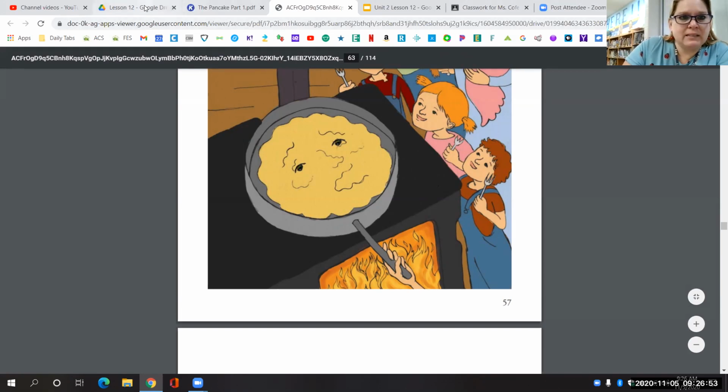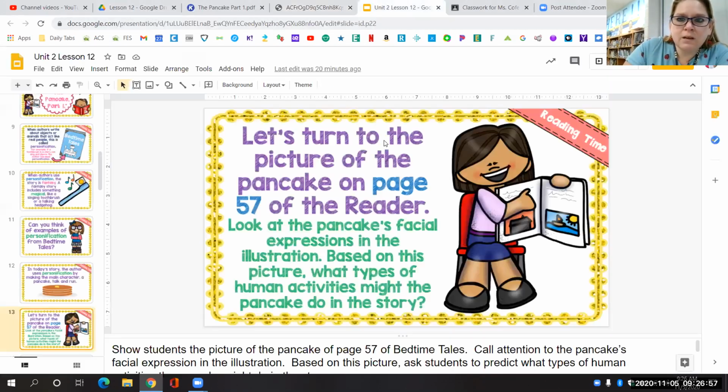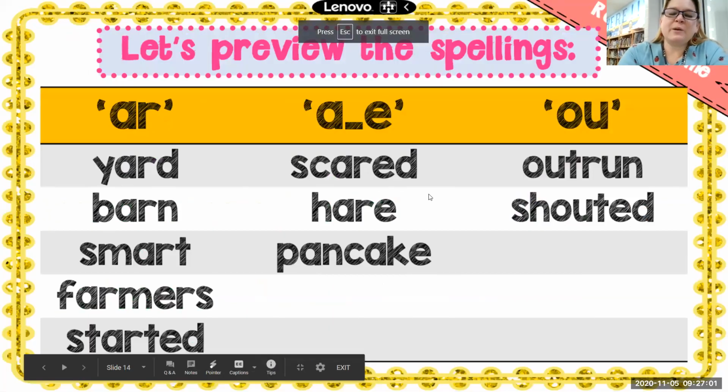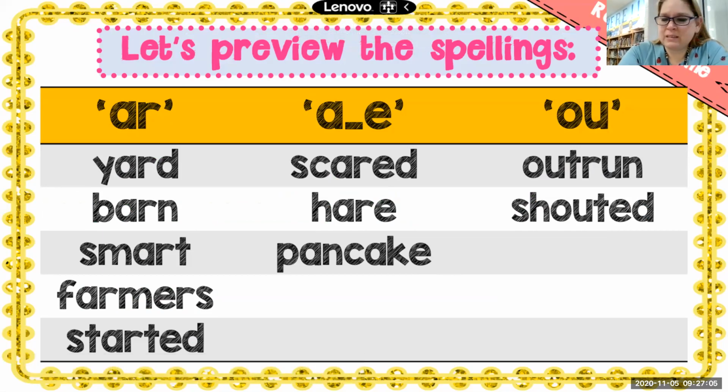All right. So, before we read the story, let's preview our spellings that we have been learning about. So we talked about the AR sound that says R, like we have the words yard, barn, smart, farmers, and started.